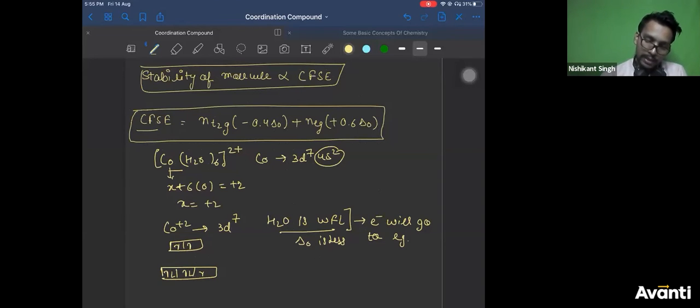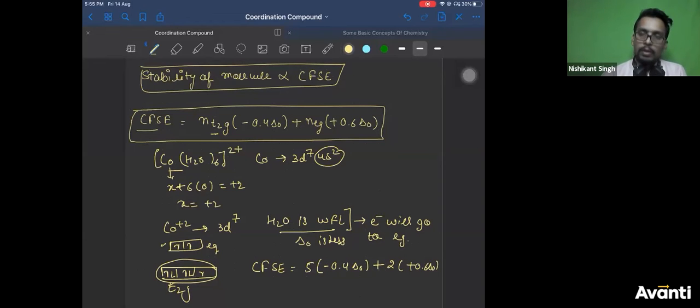So how do you find CFSE? CFSE will be given by the number of electrons in t2g and eg. In t2g you have how many electrons? 5. So 5 electrons in t2g into minus 0.4 Δo, plus the number of electrons in eg is 2 into plus 0.6 Δo.